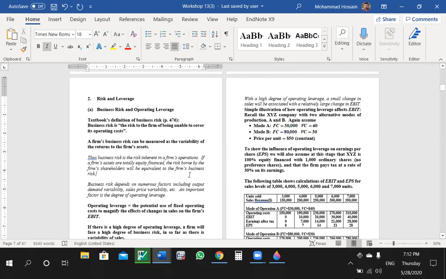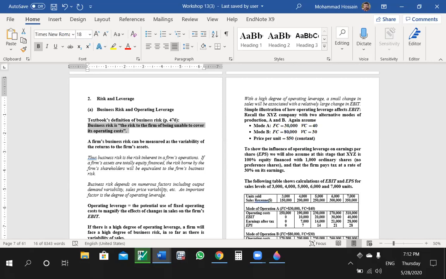Business risk is the risk to the firm of being unable to cover its operating cost. This is operating risk as well. When we studied our risk chapter, we studied operating risk as well.